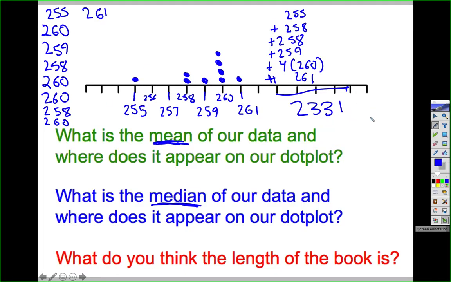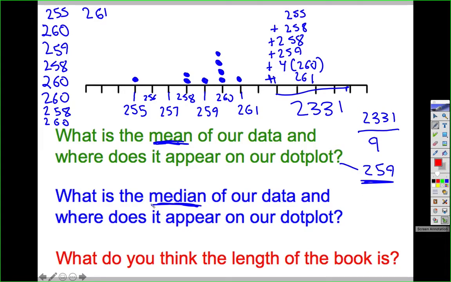Then you take that answer, 2331, and you divide by the number of data points, which is 1, 2, 3, 4, 5, 6, 7, 8, 9 data points. So I take 2331, divide it by 9, and I get 259. So our mean is 259.